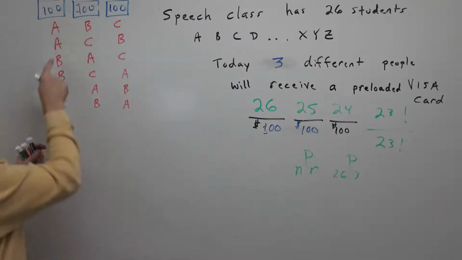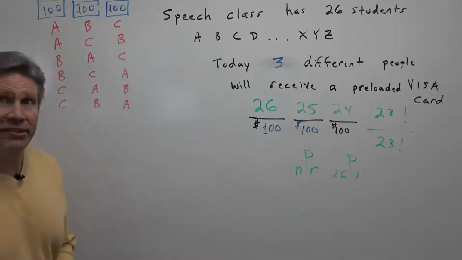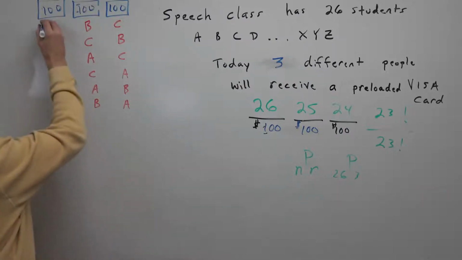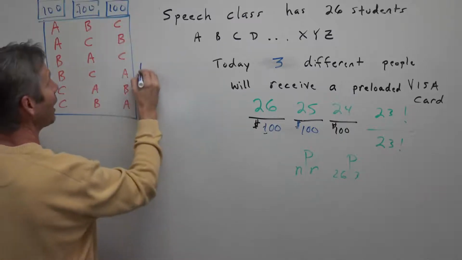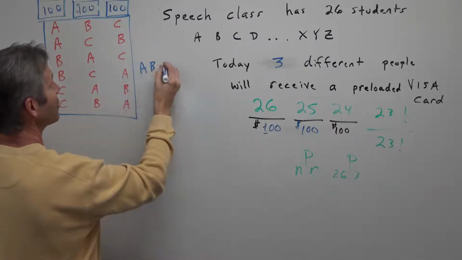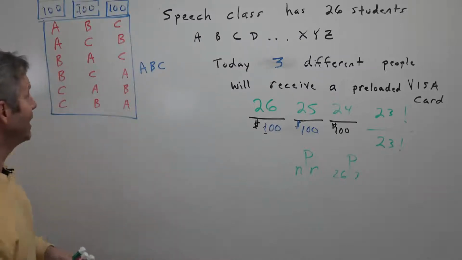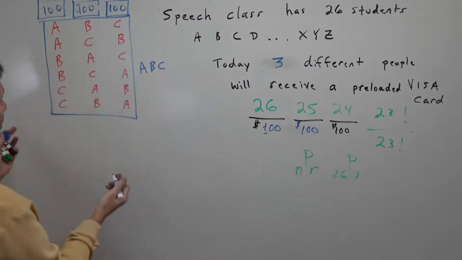So now the order in which we select people is not important. And these 6 different permutations all become one combination called the combination of person A, B, C, because it doesn't matter what order they're in.